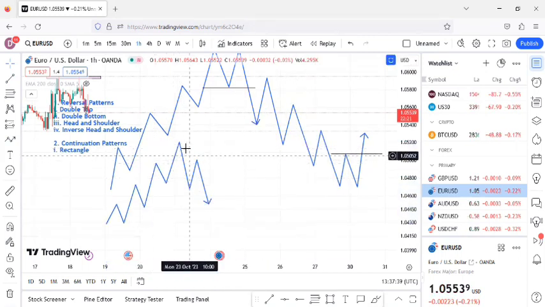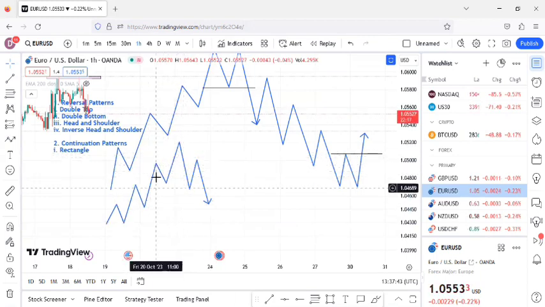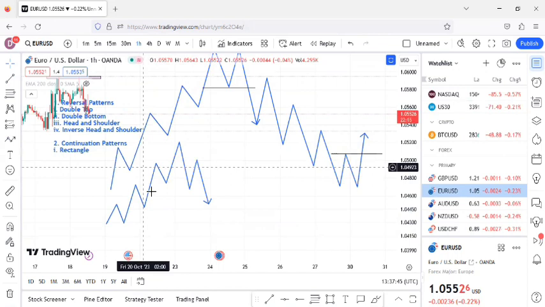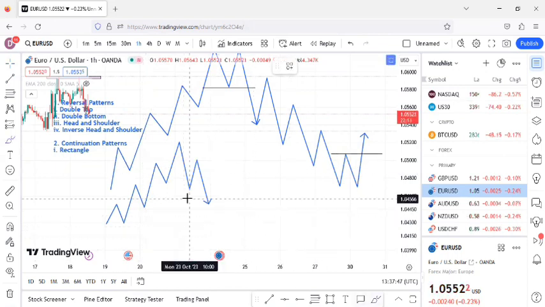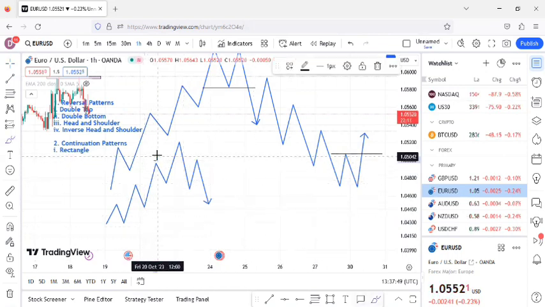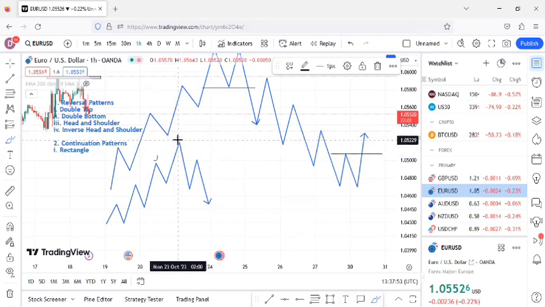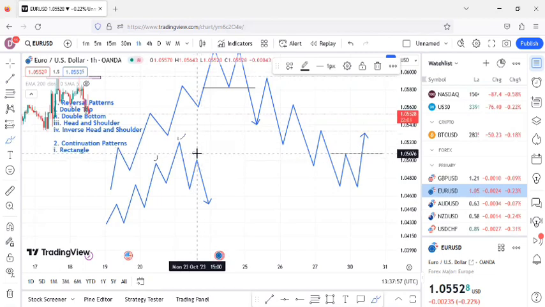So at this point now, we will say we have head and shoulder. If you look at this pattern here, at the top of this trend, is a reversal pattern that is called head and shoulder. And here we have the left shoulder, we have the head, that's why it's called head and shoulder, and here we have the right shoulder.